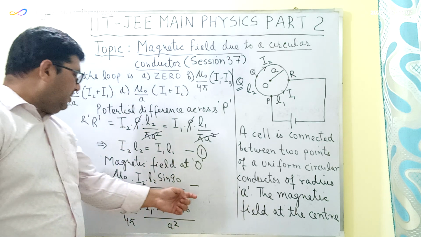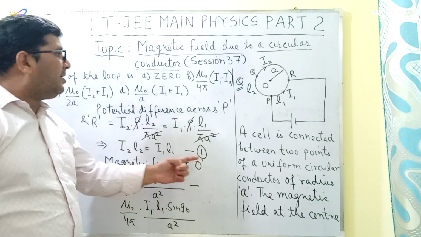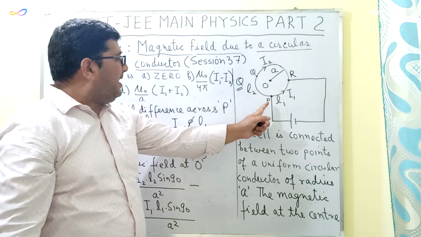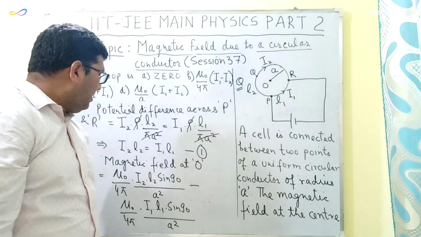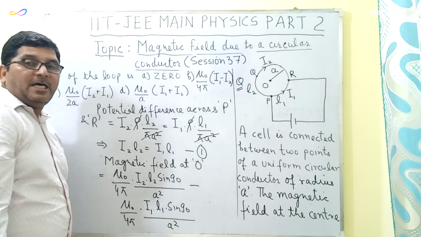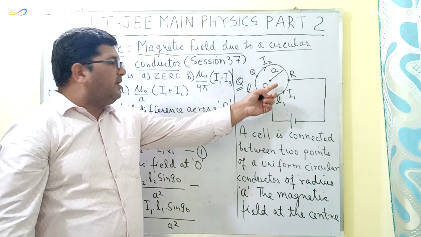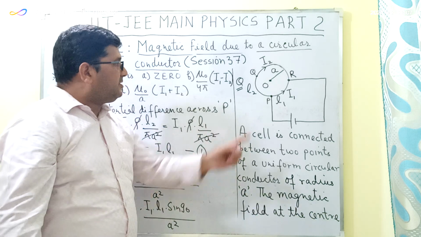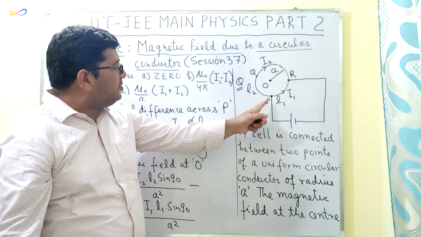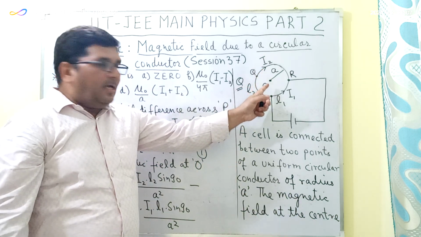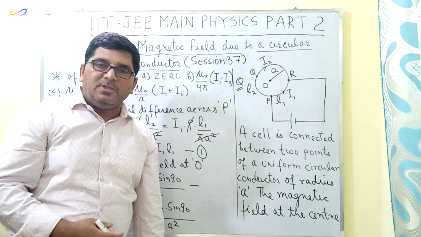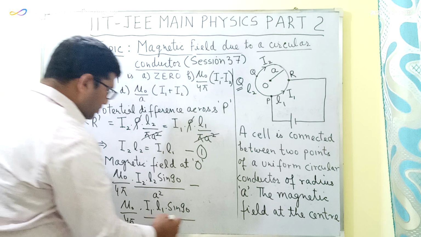Here the minus sign has been taken because the directions of the current in these two arcs, PQR and PR, are opposite to each other, and because of that the directions of the magnetic field at the point O will be opposite to each other. So what will this be equal to?